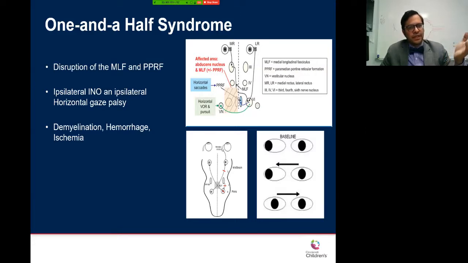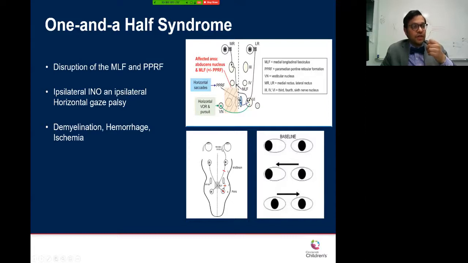paramedian pontine reticular formation. So in this picture, this is describing what would happen on the left side, which is you would have difficulty with sort of an ophthalmoplegic eye because you're having trouble with adduction.